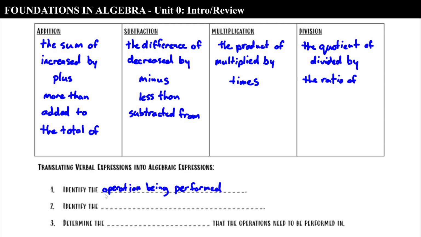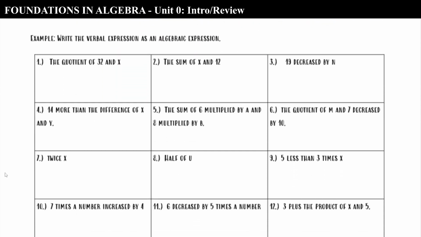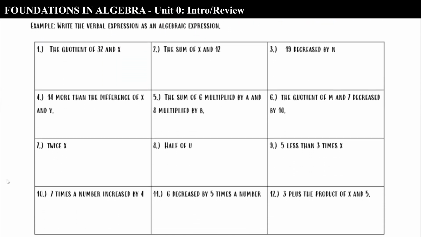And then you're going to identify the values for the operations. And then finally determine the order that the operations need to be performed in. That goes back to PEMDAS, your order of operations. So let's do some examples.